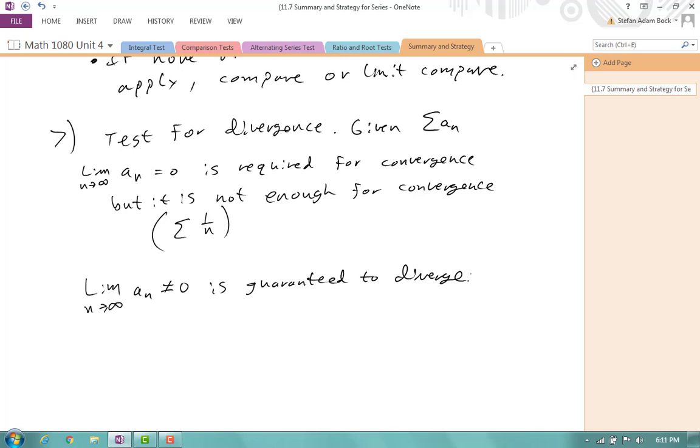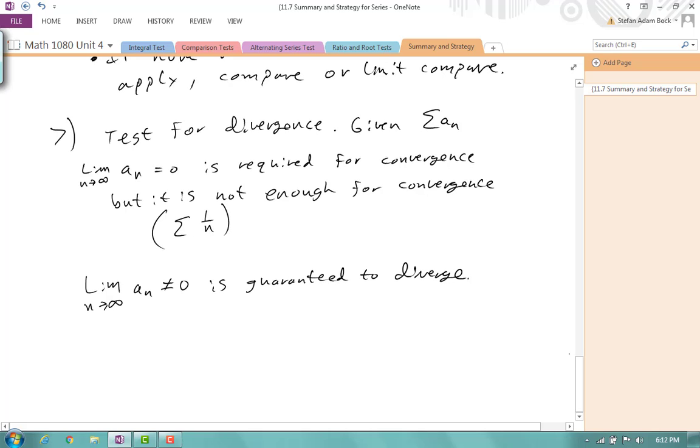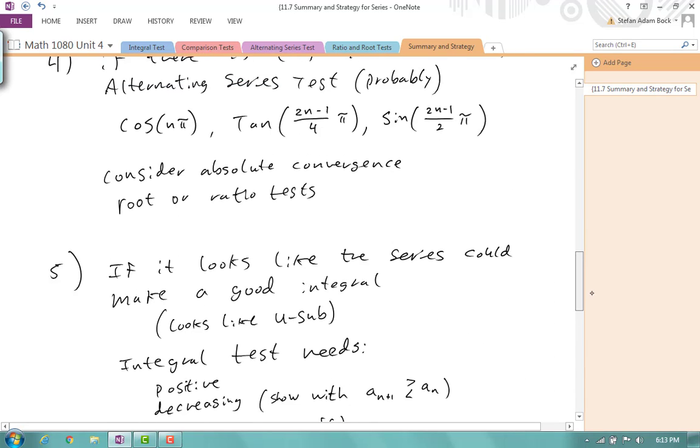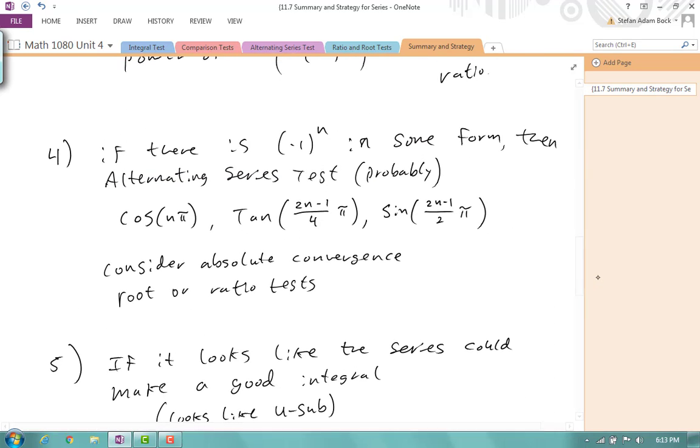The test for divergence is often one of the first things you want to check when approaching a new series, but maybe eventually you get used to it enough that you put this one off to later. I should reiterate, though, that when I have the root or the ratio tests, remember that the root or the ratio tests will not work on anything related to a p-series.